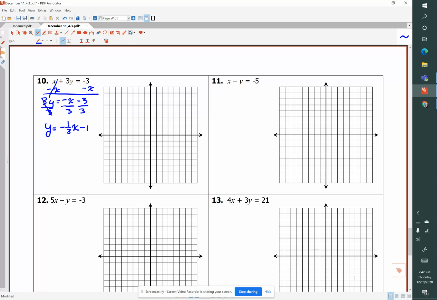So our slope is negative 1/3 and our y-intercept is negative 1. So here's the y-intercept, and we have a slope of 1 over 3: 1, 1, 2, 3. And we'll go ahead and graph that line. Make the line a little thicker.